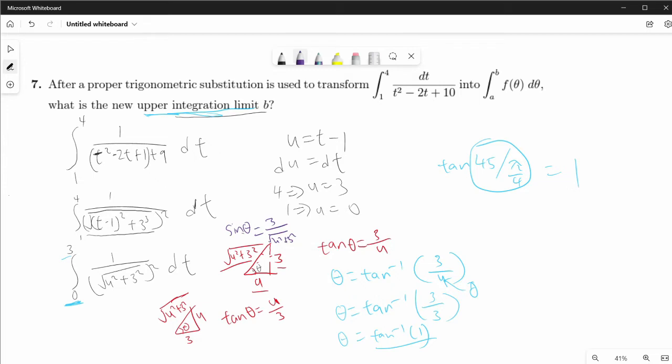Here, it would just be cosine theta equal to 3 over the square root part. It's a difference of that. And at the end, you should be able to come up with the same answer, because once you substitute back for u from theta and then t for u, you should still get the same answer. It's just that here, when you divide by 0, it doesn't really make sense.